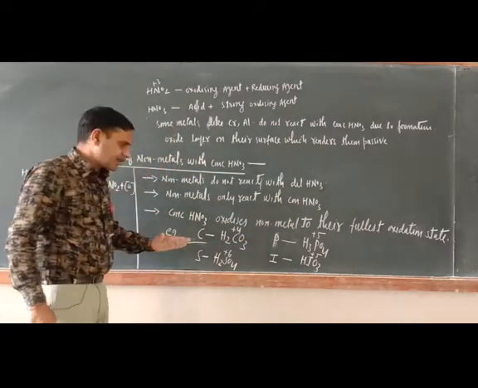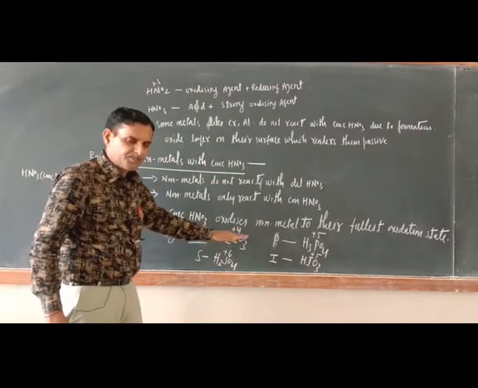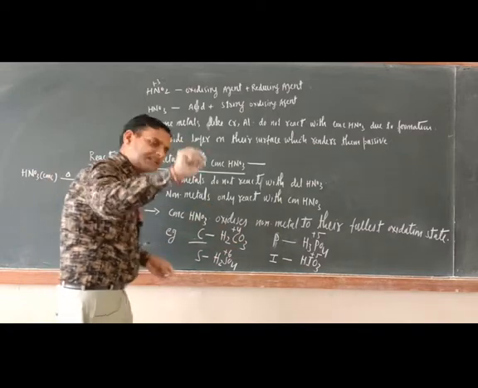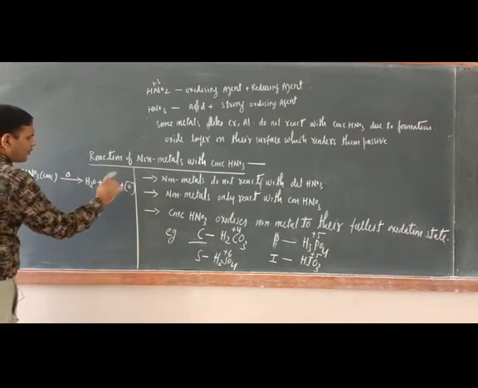But you will tell, sir, you have written H2SO4 and H2CO3. Don't worry, it comes in the course of the reaction. In step one, whatever non-metal you take, the first step is the same: concentrated HNO3 dissociates into H2O, NO2 and O.